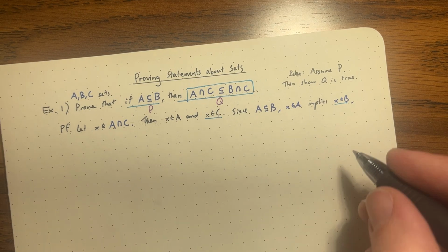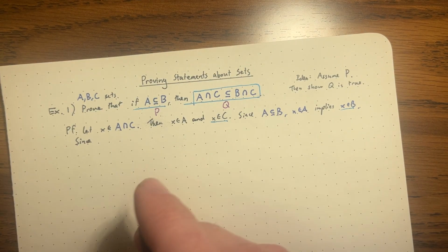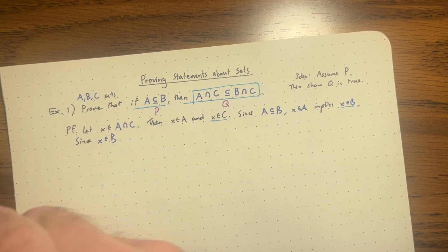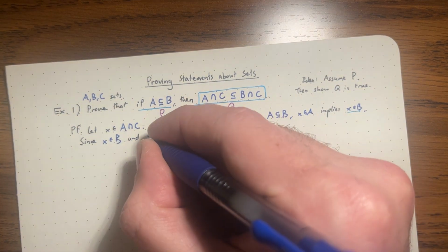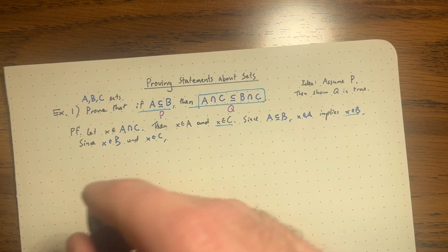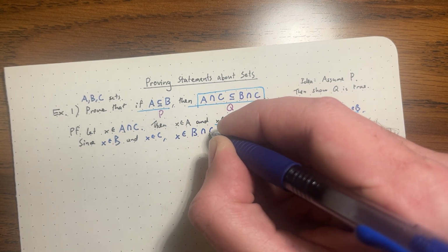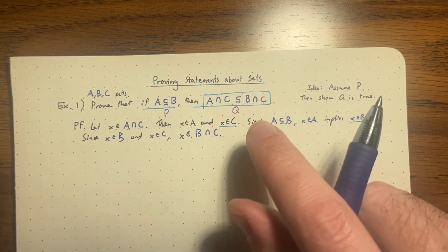So we're basically done. But let's just wrap it up by saying since X is in B and X is in C, our conclusion is that X is in B intersect C. And we're done because we showed an arbitrary element here is there.